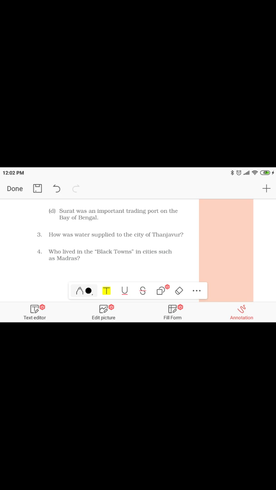Now, Madras is where the Britishers, the European companies, came. Europeans and other European countries such as the English and Dutch settled their East India Company there.